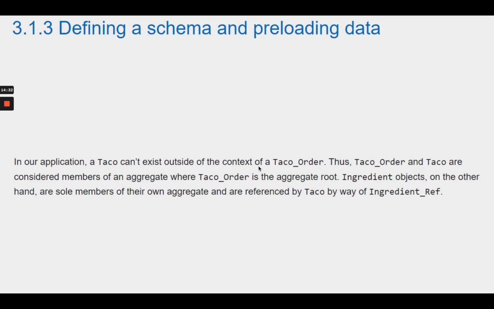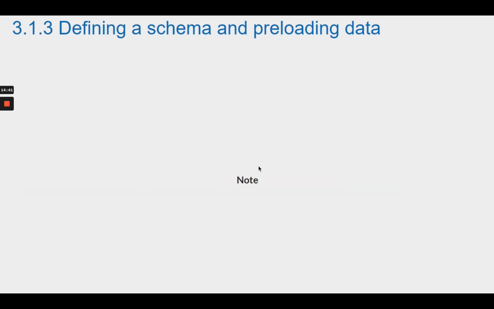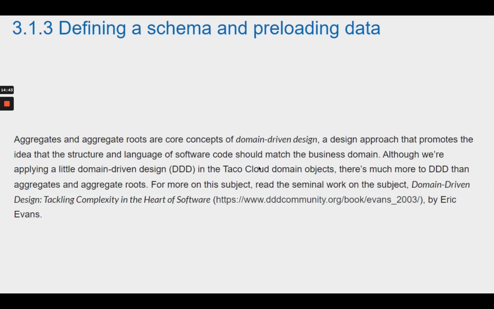Ingredient objects, on the other hand, are sole members of their own aggregate and are referenced by taco by way of ingredient_ref. Note: aggregates and aggregate roots are core concepts of domain-driven design, a design approach that promotes the idea that the structure and language of software code should match the business domain.